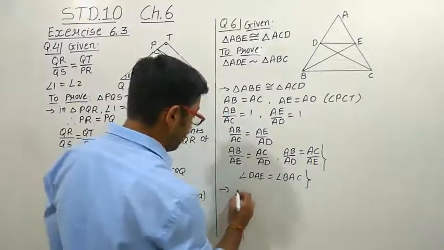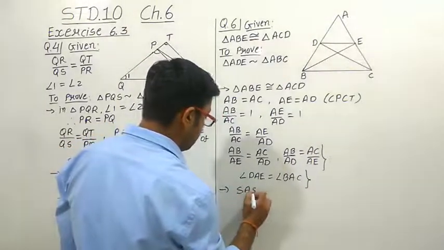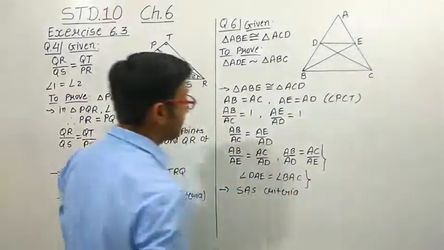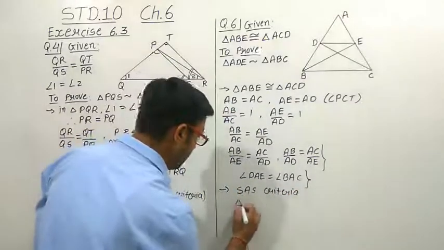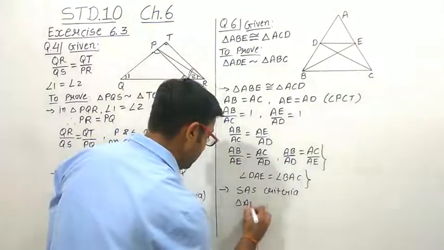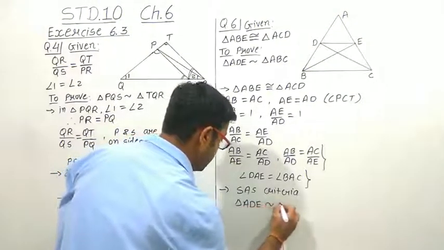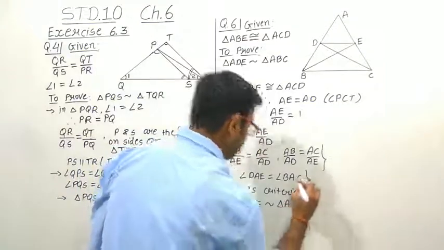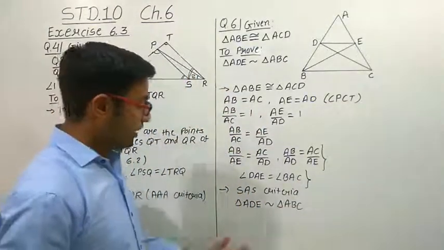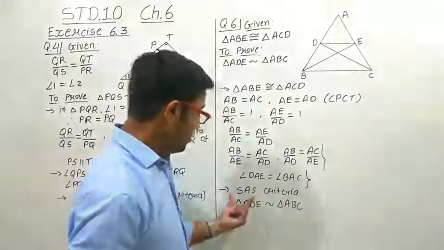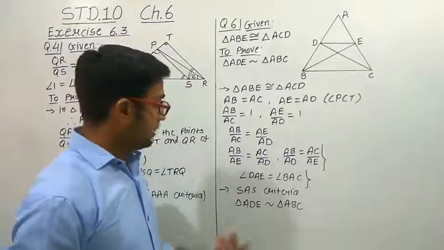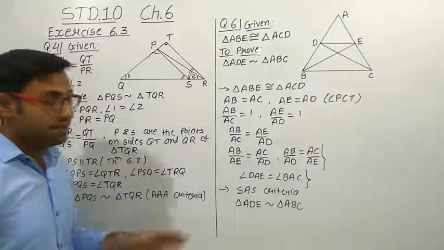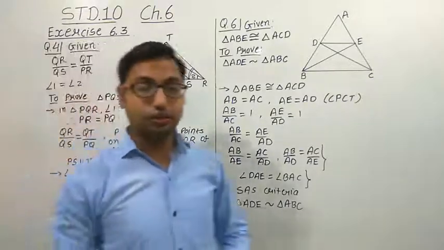So by the side angle side criteria, we can write that triangle ADE is similar to triangle ABC, right? So which criteria did we use here? Side angle side criteria. In this way we can solve this type of problem and we can prove the similarity of two triangles.